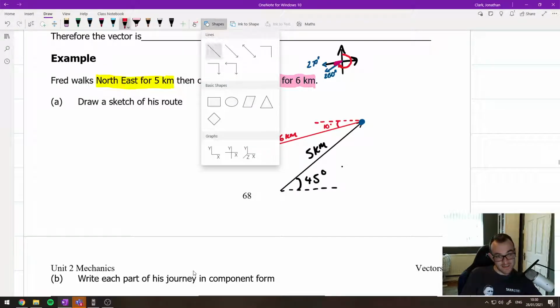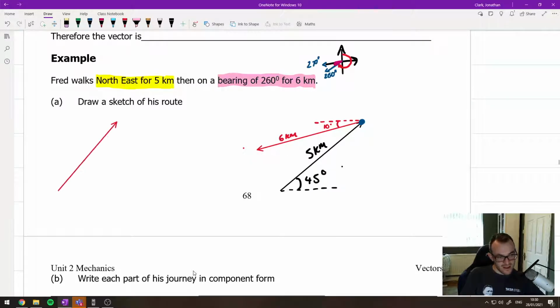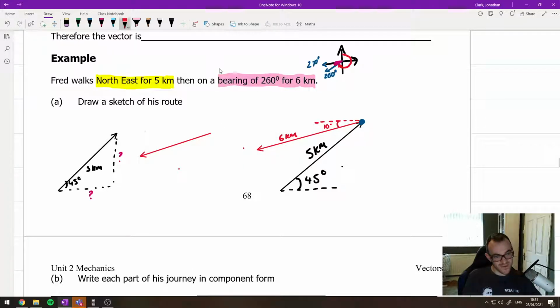So if you consider, oops, that should be black, the 5k part of his journey, the first bit, we're looking at what this part is here and what that part is there. Then in the second part of the journey, we're doing the same thing. We're just breaking his journey down into how far did he move horizontally and how far did he move vertically.